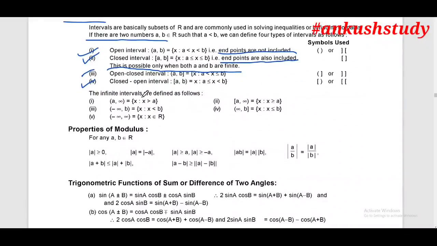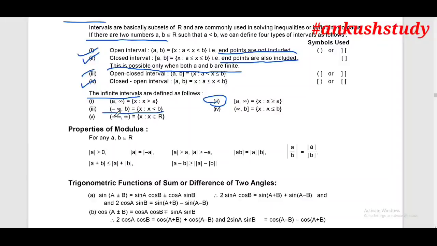Now let's move on to the infinite intervals, which are defined as follows. (a, ∞) is equal to {x : x > a}, and the second one, [a, ∞), is equal to {x : x ≥ a}.